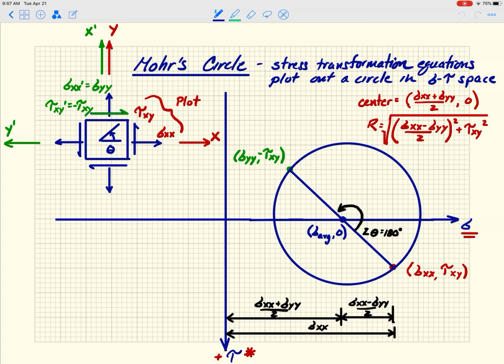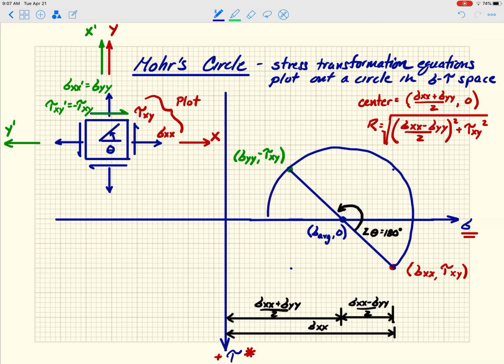Like that. Boy, that actually looks terrible. Hold on. Let me see here. I need to go through those points. There, that looks much better. So that's my Mohr circle.